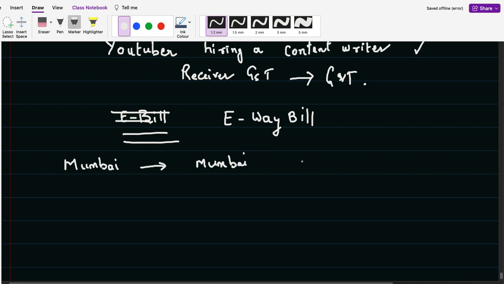The price was rupees 35,000. Got it? So the dealer and supplier are both from Mumbai, and the price was 35,000.